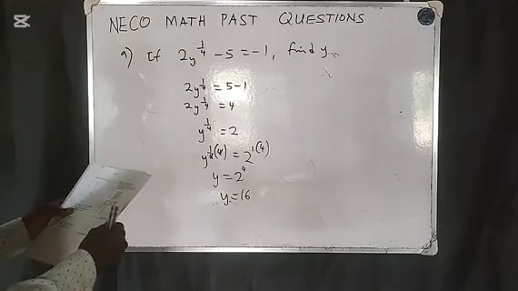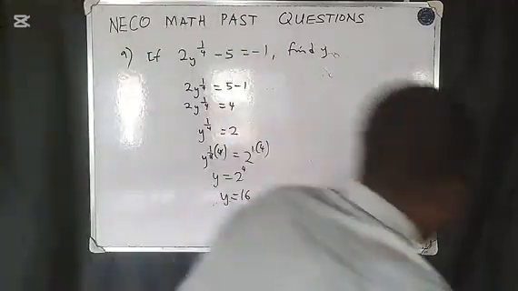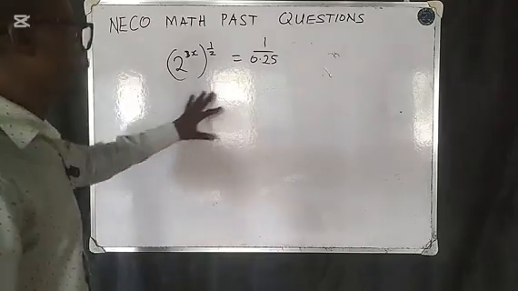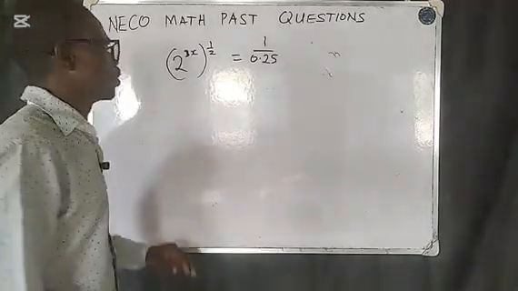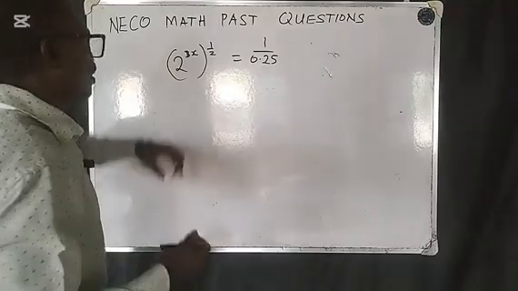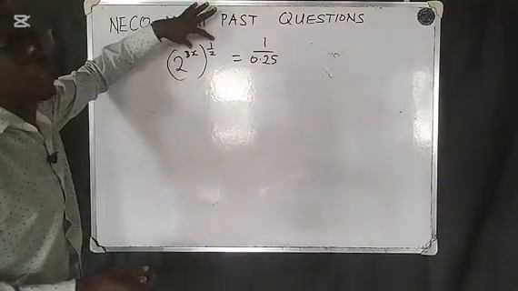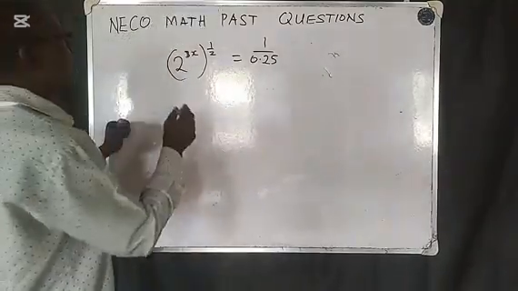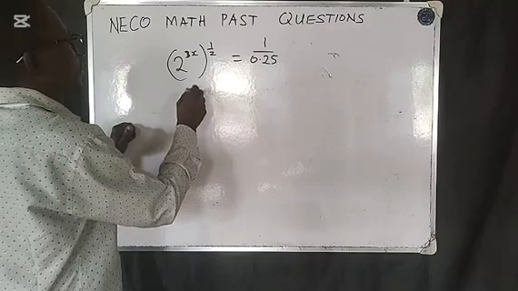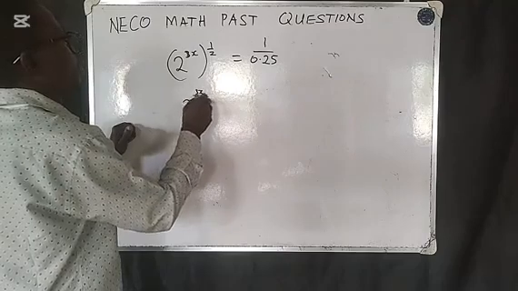So we move to the next one. The next one is also an indices question. So here we have an equation involving indices. So what do we do at this point? We multiply both powers. When we have double powers, they multiply themselves. So we have 2, this one will give us 3x over 2.